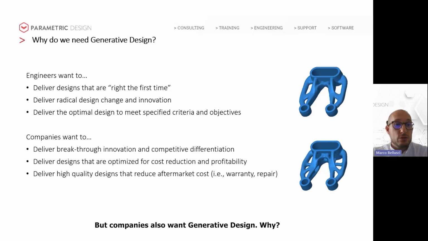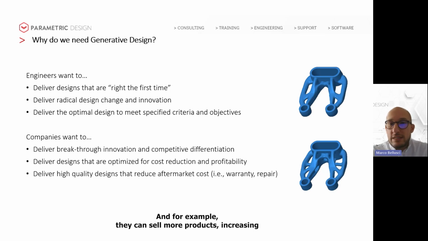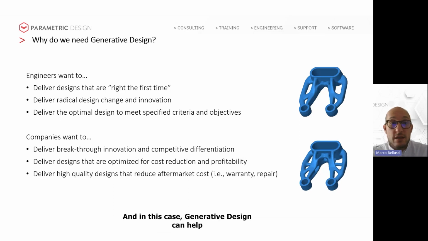But companies also want generative design. Why? Because they want to increase their profits. How can they increase their profits? They want to sell more products. For example, they can sell more products by increasing the product performances. And in this case, generative design can help in finding the optimal design that gives you the best performances.